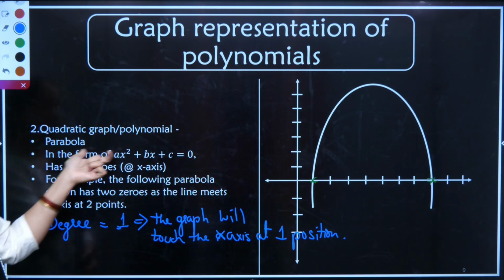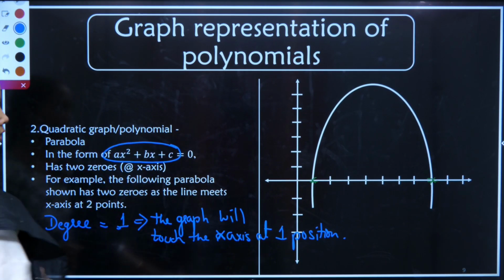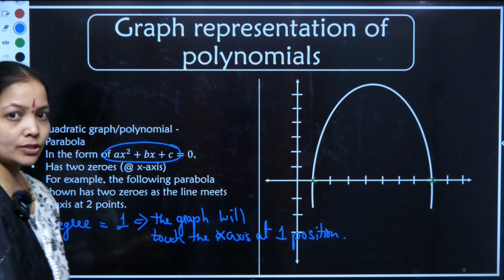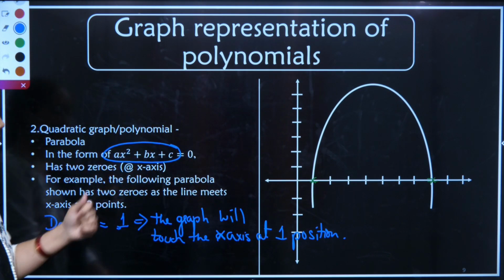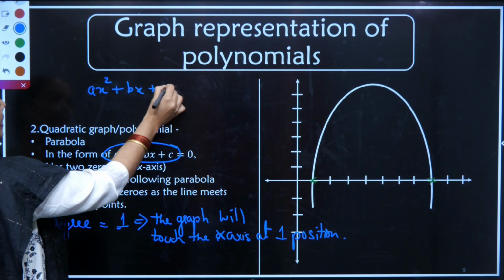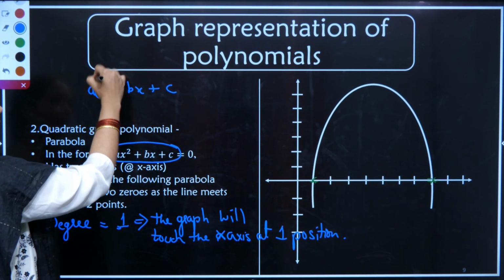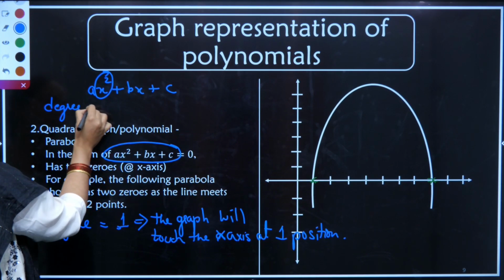Now if we have a quadratic polynomial, see, this is a quadratic polynomial. The general form of the quadratic polynomial is ax square plus bx plus c. I can see that the variable here is x. In ax square plus bx plus c, my variable is x and the highest power of the variable is 2. Therefore, the degree of this equation is 2.